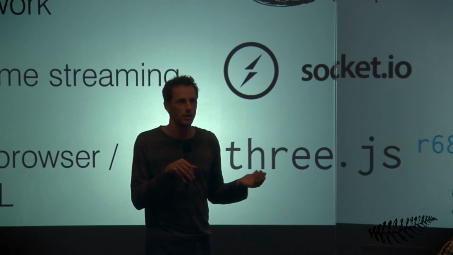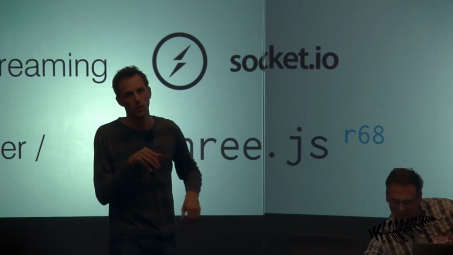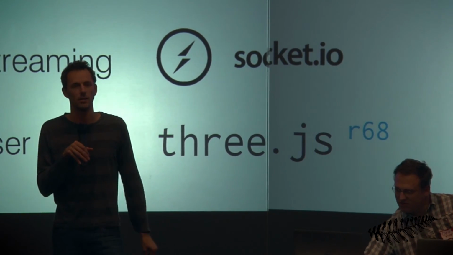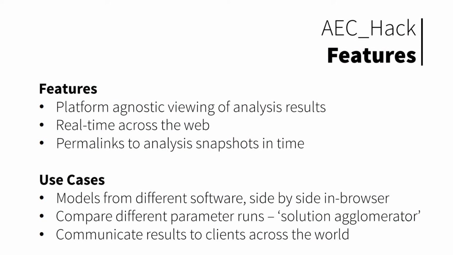It doesn't matter, it's completely agnostic. And all you need to do is write slightly different front end code to parse that data. This is what we've just been talking about, creating basically a solution agglomerator, as I was thinking of it, which allows you to really explore the solution space.